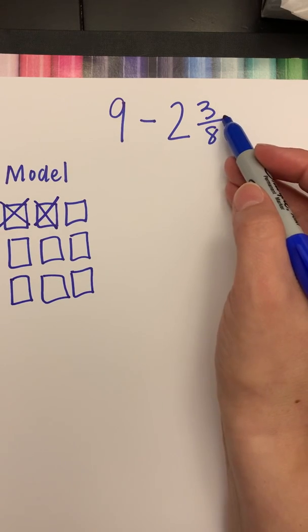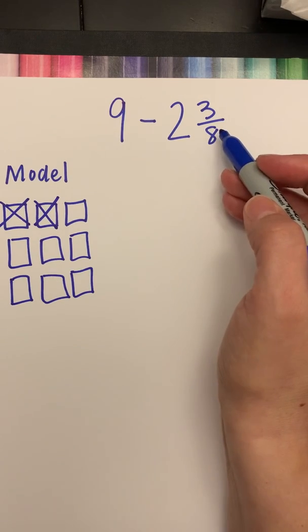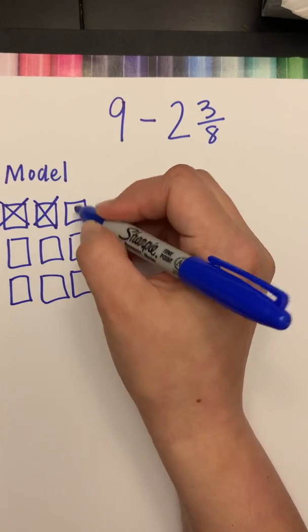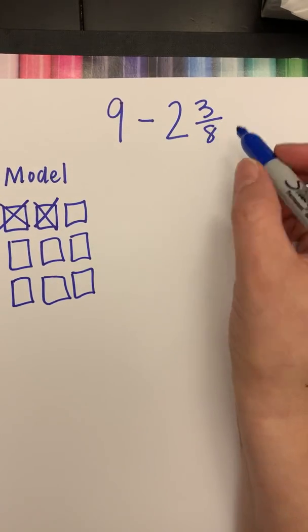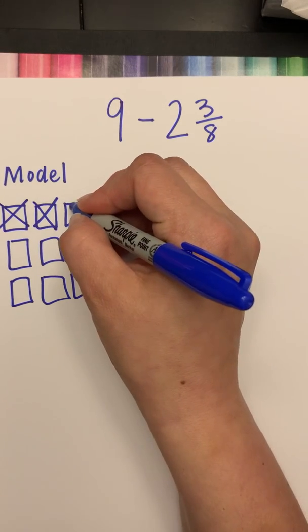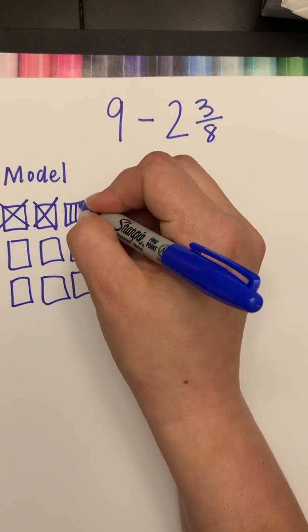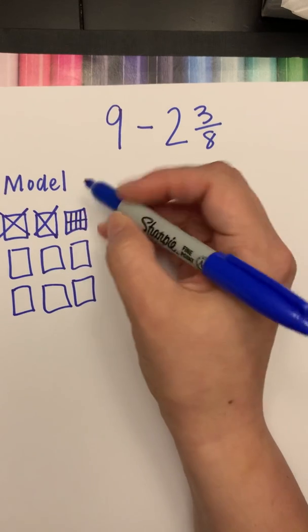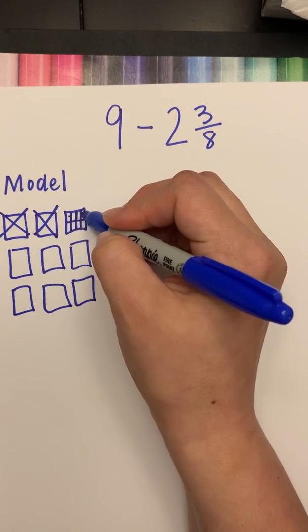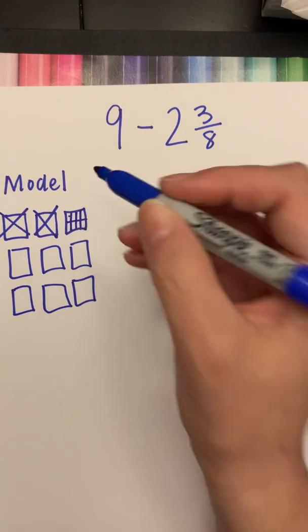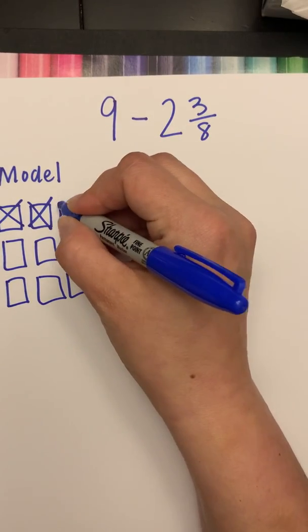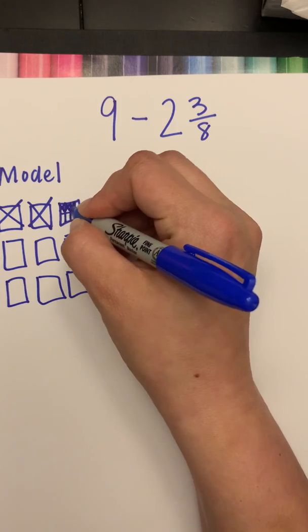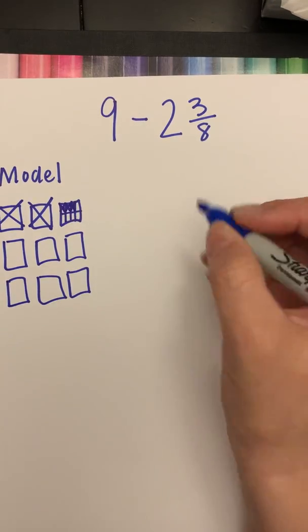But it's a little bit more tricky when we have to take 3/8 away, because what we're going to have to do is take one of these wholes and break it up into 8 parts, because that's our denominator. So I'm going to make this whole in 8 parts. So now we have 1, 2, 3, 4, 5, 6, 7, 8 parts. And we're going to take 3 of those parts away. So I'm going to take 1, 2, 3 parts away.